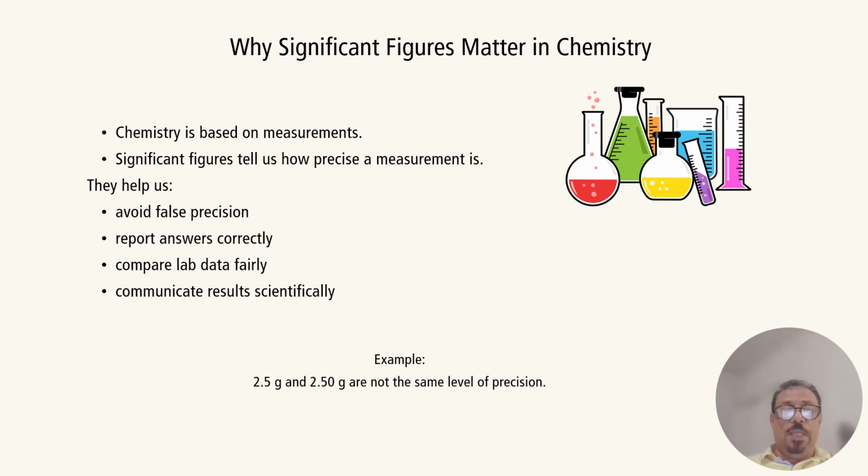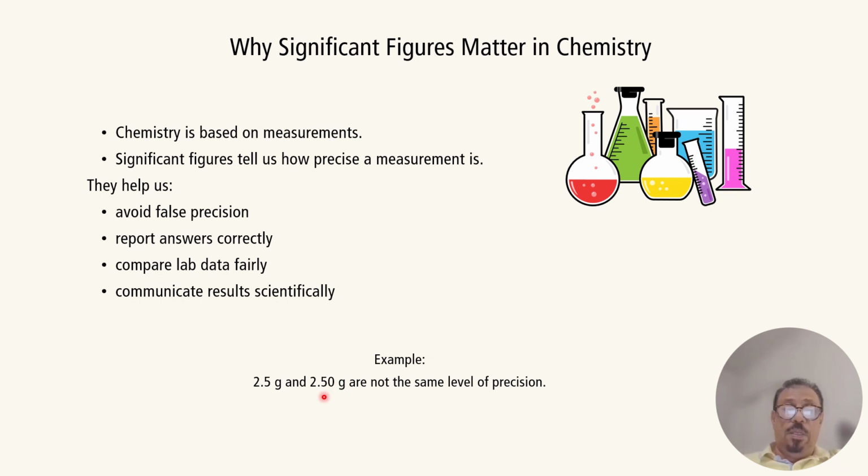Assume that you are selling your gold and you went to a gold store, and the gold store has scales with only two sig figs, 2.5, and your gold actually weighs 2.59, and the 9 is not showing there, so you are losing your money.